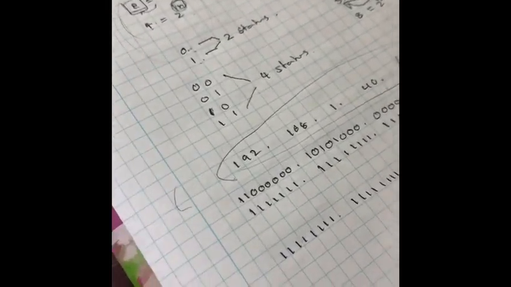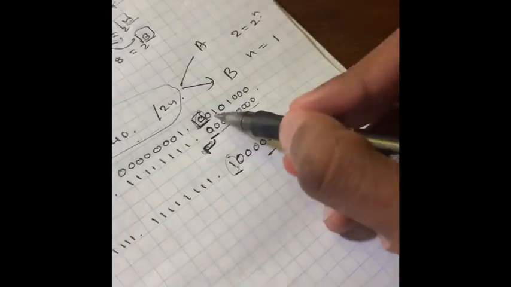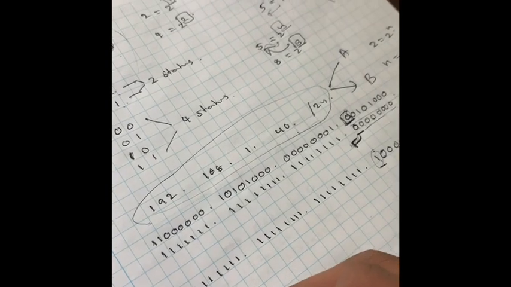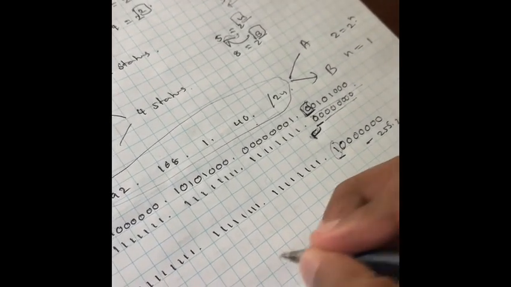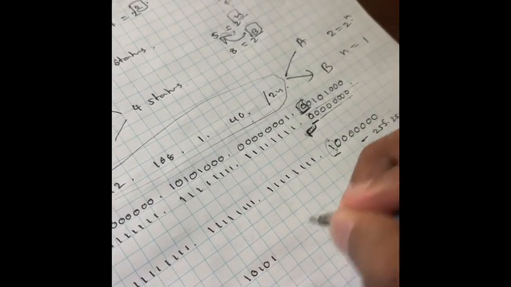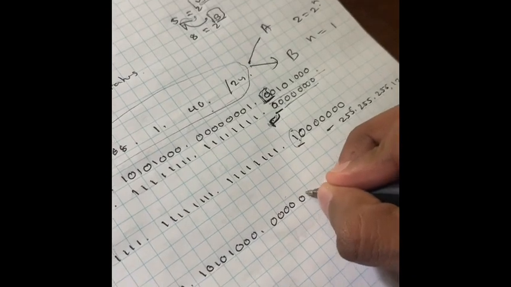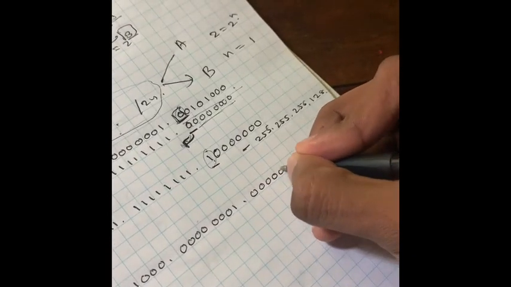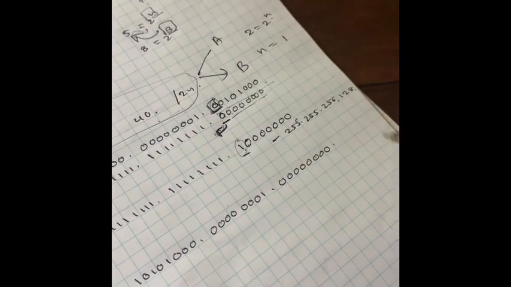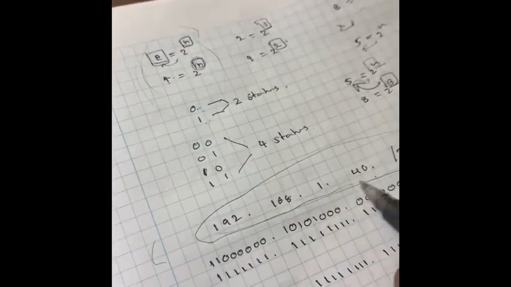So in network A, this part will be 0. All the host parts will be 0. That's the network ID for this network.